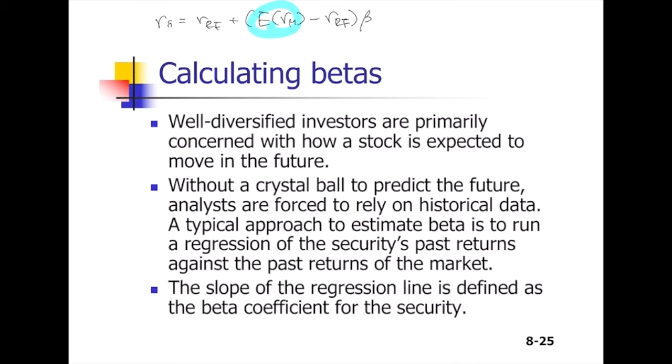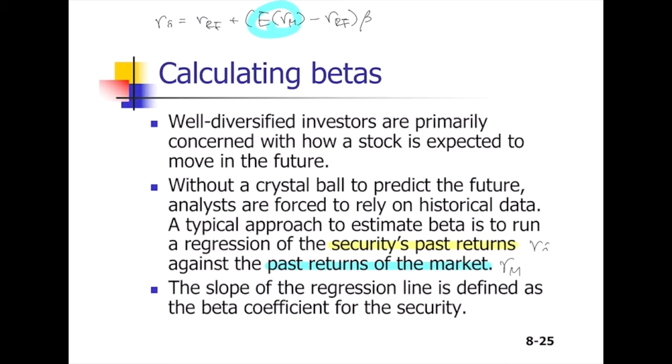A typical approach to estimate beta is to run a regression of the security's past returns, Ri, on the past returns of the market, Rm.